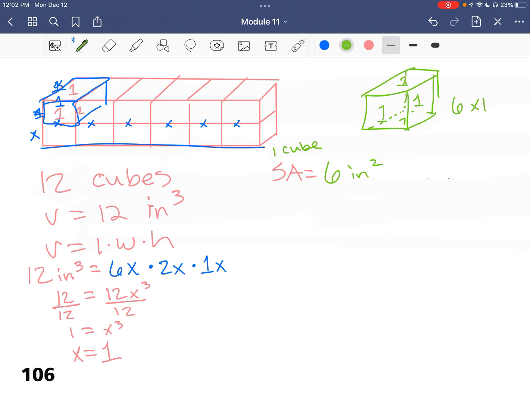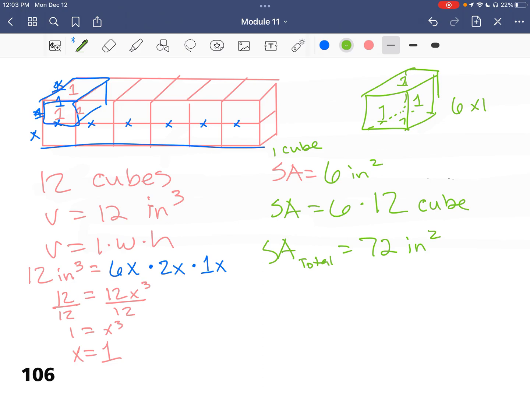And how many cubes are there? There's going to be 12. So surface area equals 6 times the 12 cubes. So the total surface area is going to be 72 inches squared. Okay, 72 inches squared. So a couple different ways you could have done that.